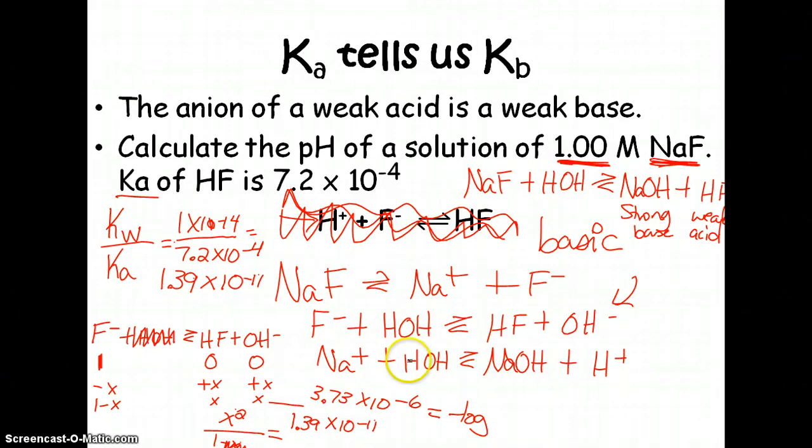It'll give you a pOH of 5.43. All right, and then 14 minus that is our pH. So 14 minus 5.43, and we have 8.57. Now this is good news because we knew that our salt should be basic, and 8.57 is definitely in the basic range. So that's good news.